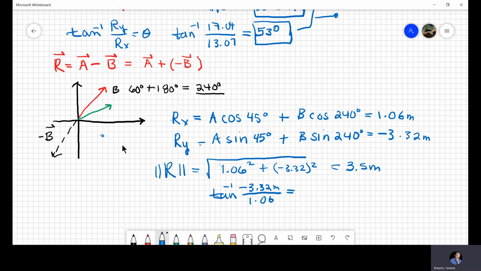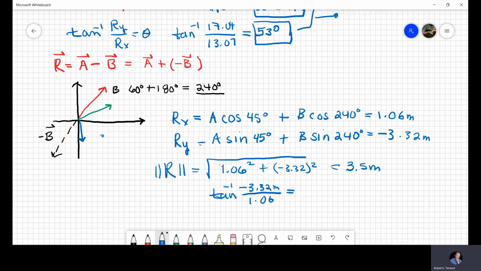So this vector is going to be something like this, the resultant vector, right on the edge there. It's going to have a -3.32 y component, and a 1.06 x component. So this is the resultant of A minus B.